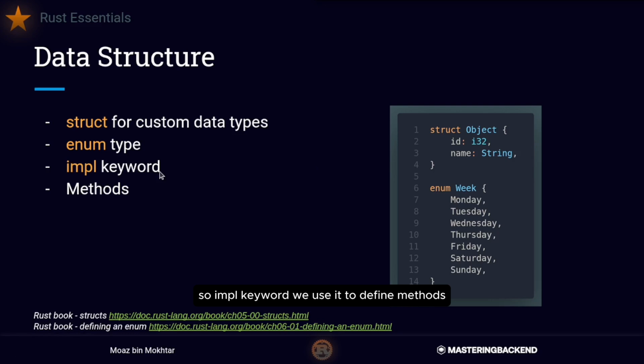We use impl to define methods, which are functions related to a struct or an enum. They can also be called associated functions, but with a different parameter or context. So methods are functions related to a struct or enum.